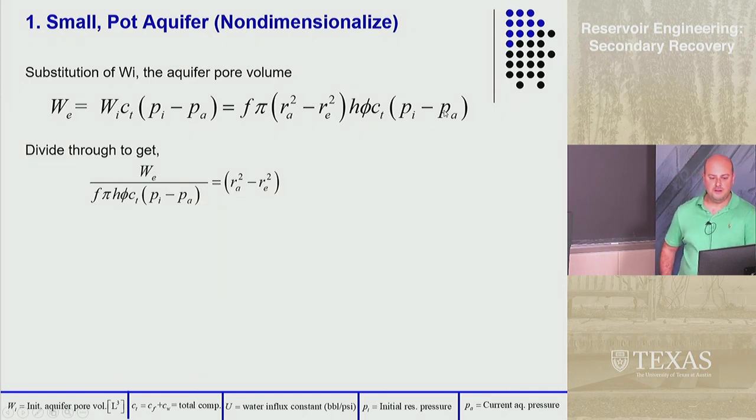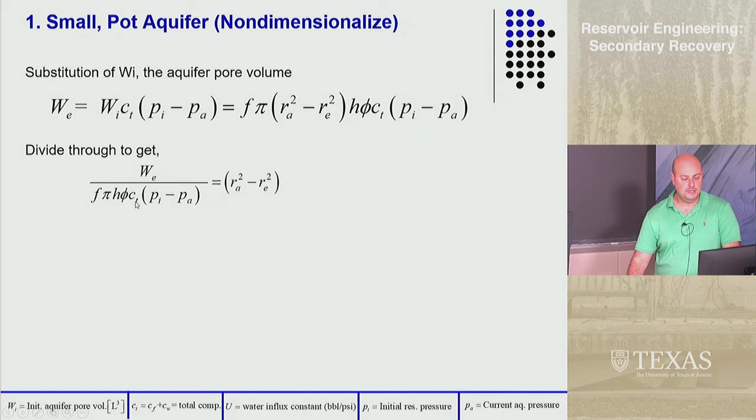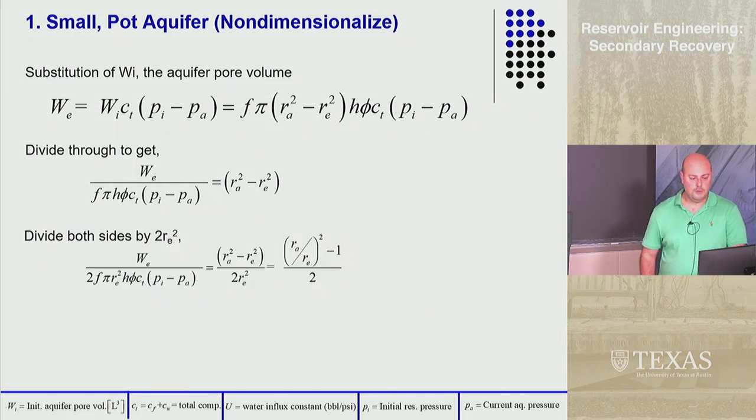Then what I do is I divide through by f π h φ CT times the pressure drop, and then on the right-hand side, I'm just left with RA² minus RE². Then what I'm going to do is divide by 2 times RE² on both sides. So that's why you can see a 2RE², a 2RE².